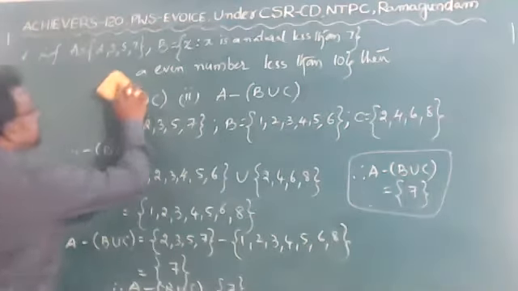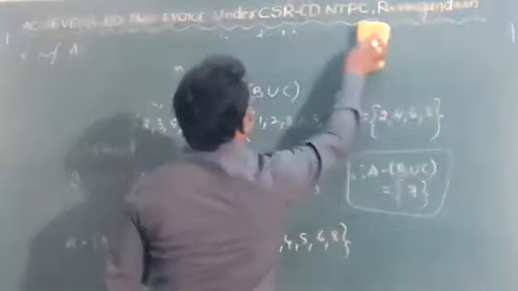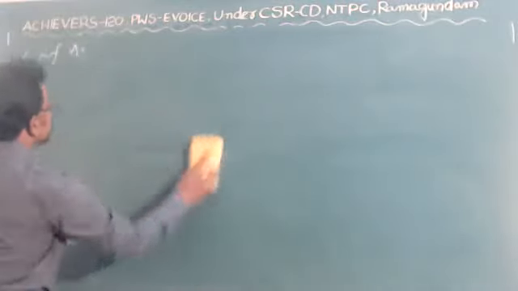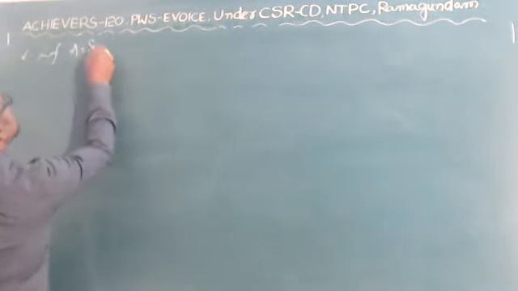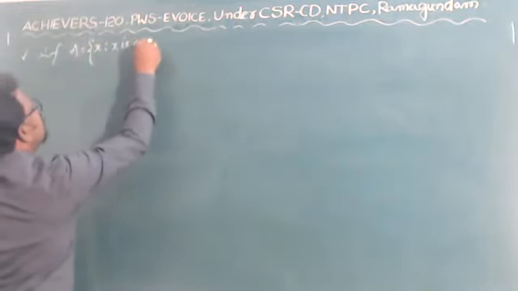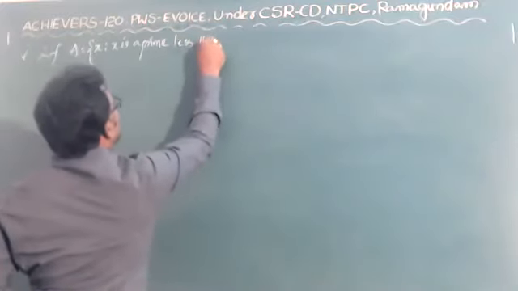Okay, I am writing now in set builder form. A is x such that x is a prime less than 10.